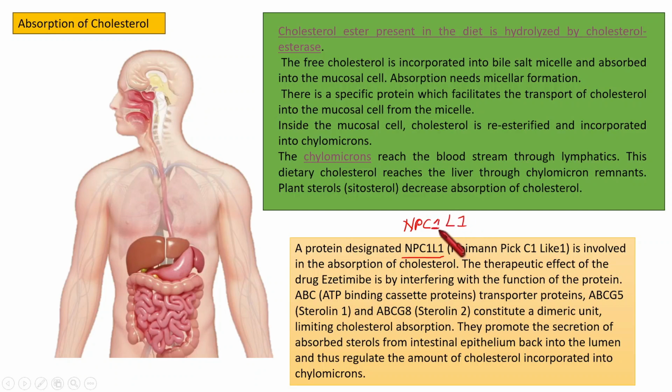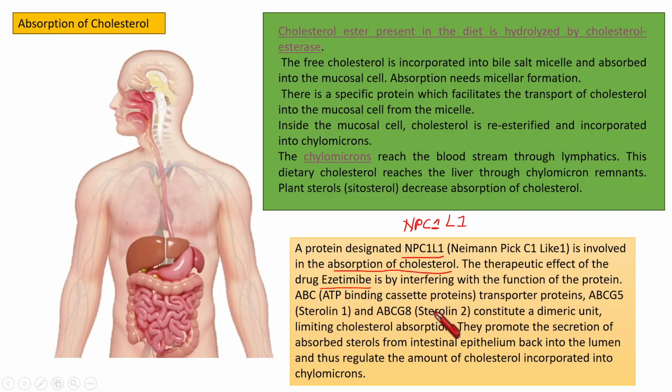This is a protein that is helping in the absorption of cholesterol. And if there is some medicine to interrupt the action of this protein, then we can regulate the absorption of cholesterol. So an example for such a drug is ezetimibe. It will interfere with the action of this protein and will reduce the absorption of cholesterol.